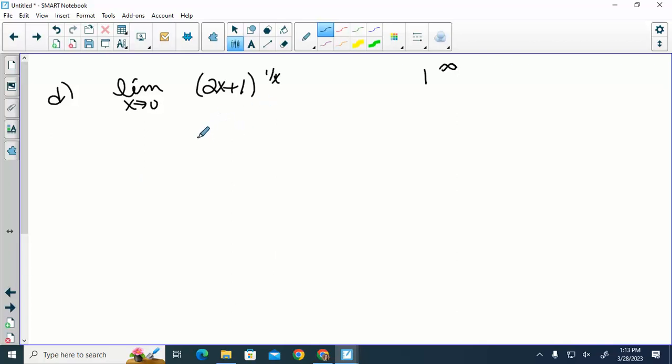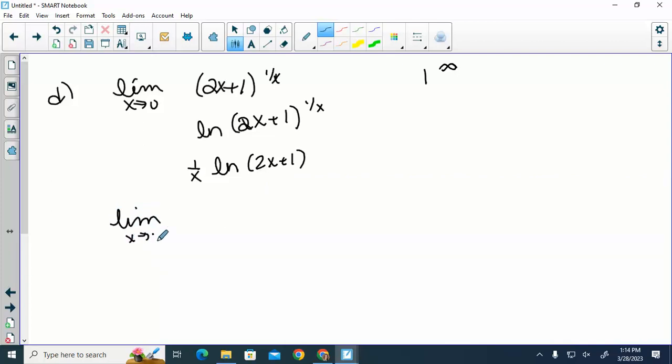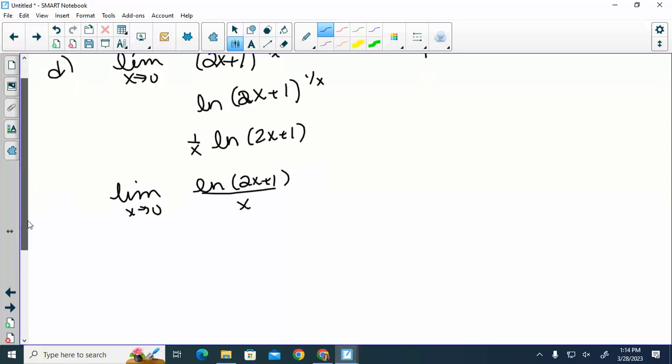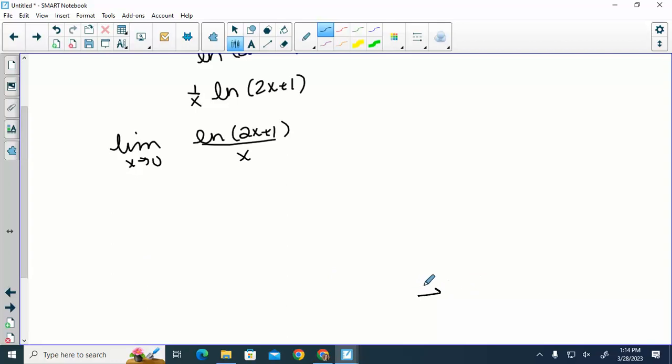Yeah, we added a natural log because by properties of natural logs, the exponents come down. So this is 1 over x times the natural log of 2x plus 1. That one is easily written as a fraction, natural log of 2x plus 1 over x. Now, if you add a natural log, what do we have to do at the end? We have to do e to cancel that natural log out.